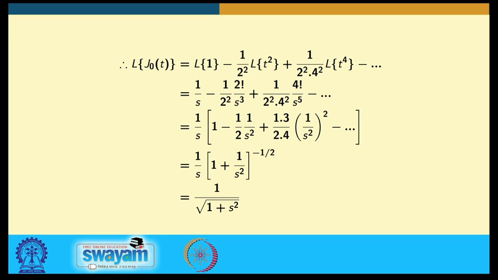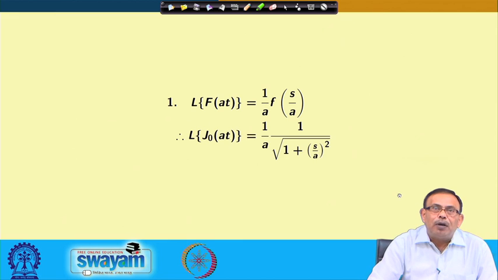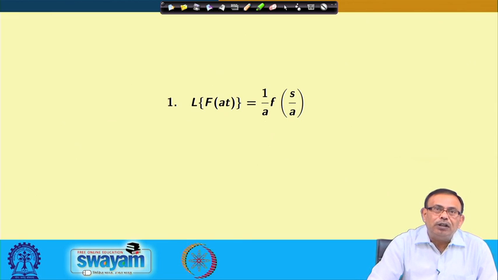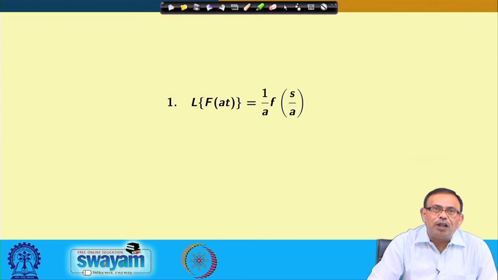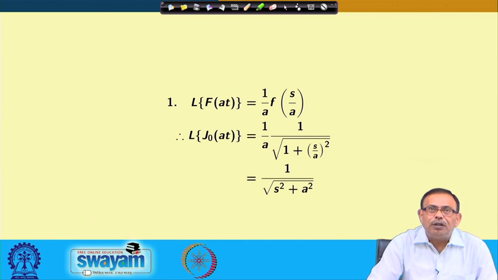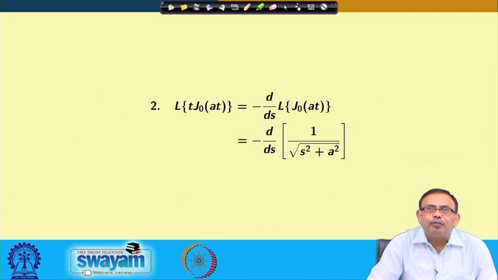So, just let us see what happens. Whatever I told, Laplace transform of f(at) we have done. Initially there was J0(t) Laplace transform, from there number 1 we did Laplace transform of J0(at), then Laplace transform of t J0(at) we found out.